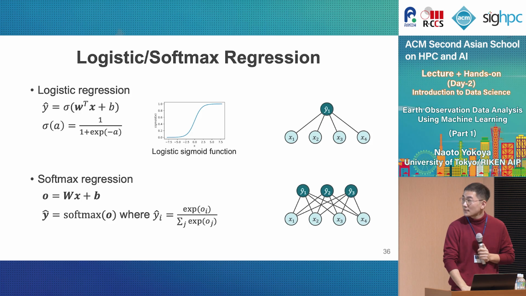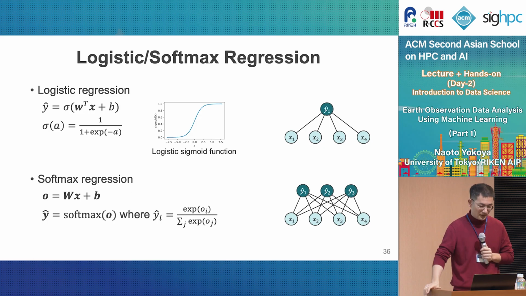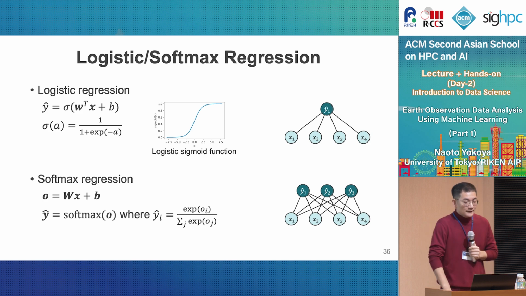If it's multi-class classification, we need multiple units in the output layer. And then we can use softmax regression. I don't know why it's called regression, although it is used for classification, but yeah. Logistic regression and softmax regression are used for classification, okay?